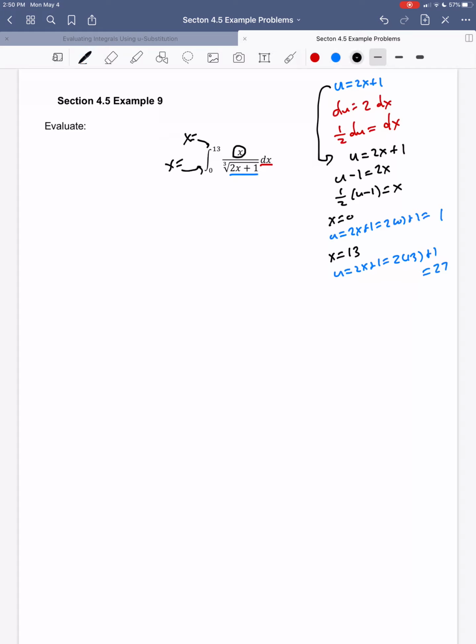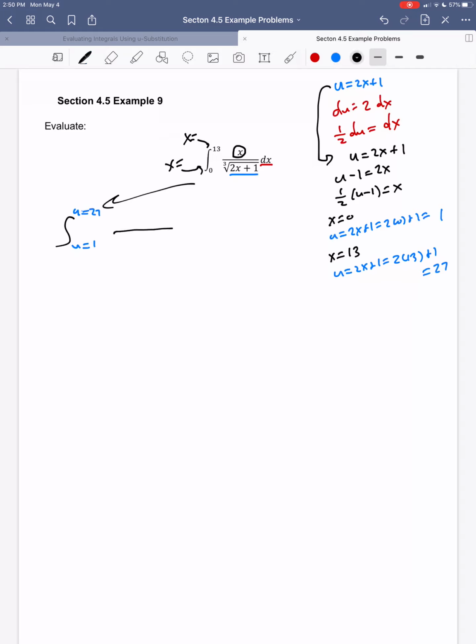So what do we get here? Instead of 0 to 13 for x, I have u going from 1 to 27. The top is x.